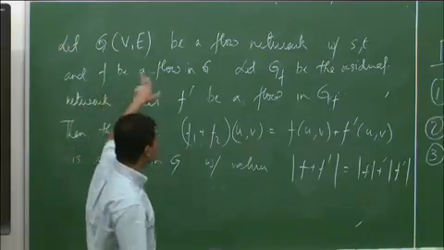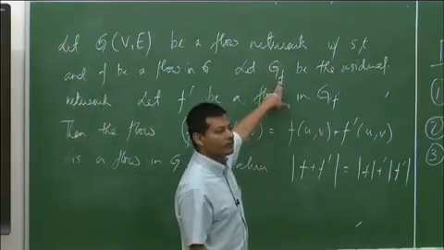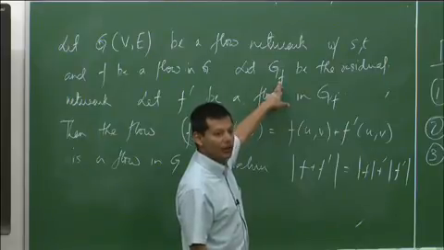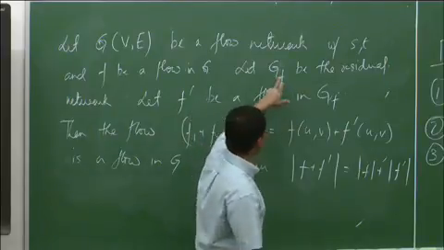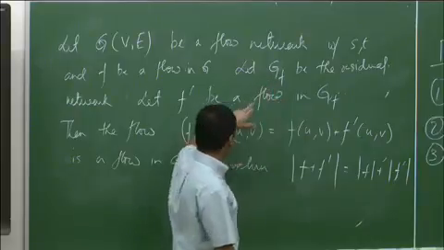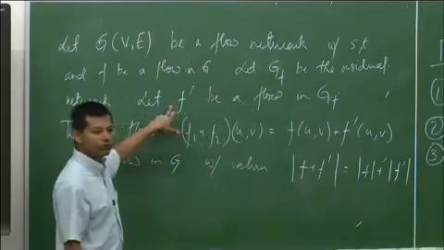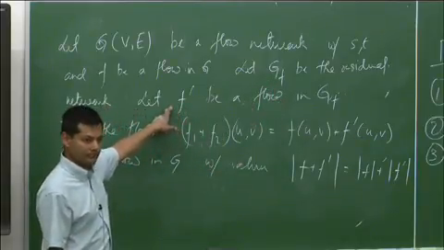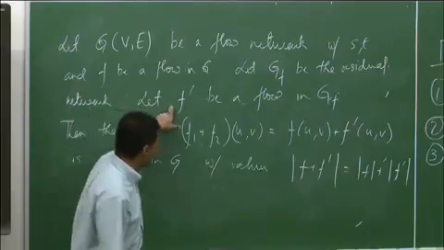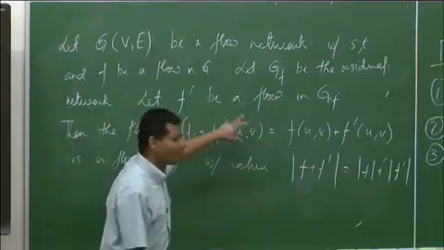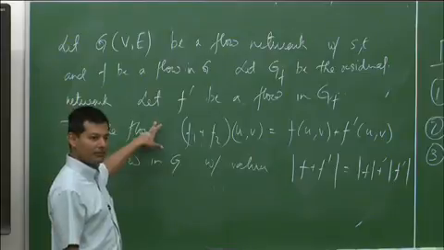Because of F, you now have G subscript F be the residual network. I am claiming that if you take this residual network and on that you can produce a new flow F prime, then if you look at the sum of the two flows, and how do I define the sum of the two flows?